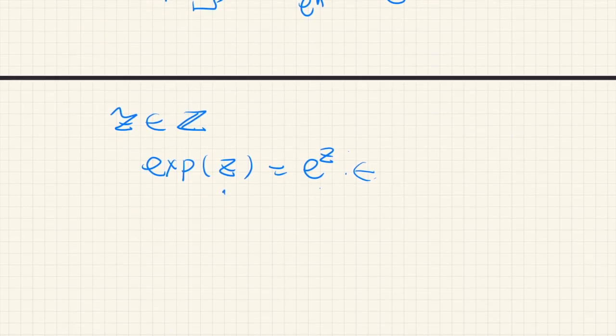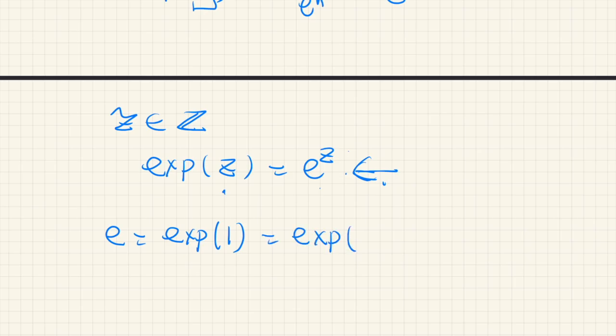Okay, next, we show that this relation holds for all rational numbers, not just integers. To begin with, e is equal to exponential of 1, and this is by definition.